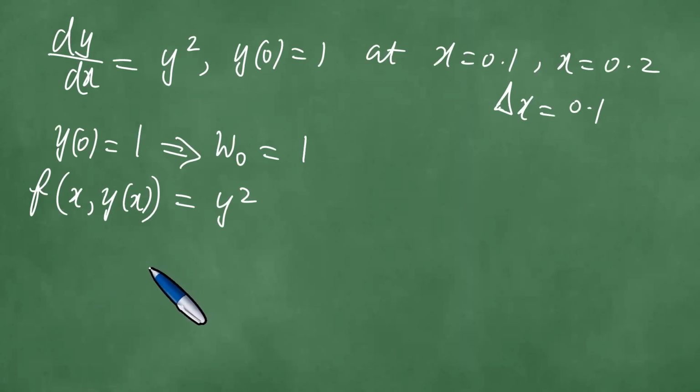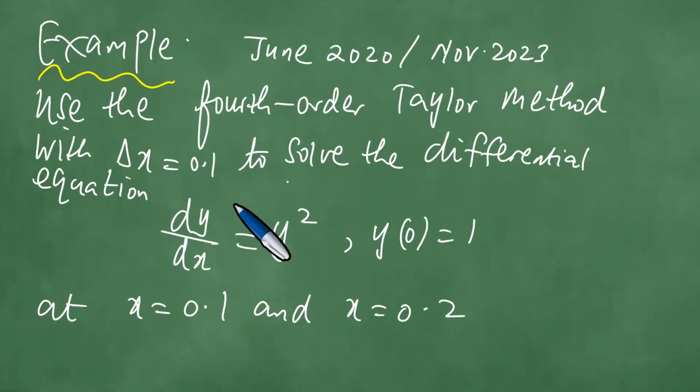What do we do now? We analyze, because it must be fourth order. Because it's a question, now use the fourth order Taylor polynomial. If it is the fourth order Taylor method, we stop at what?